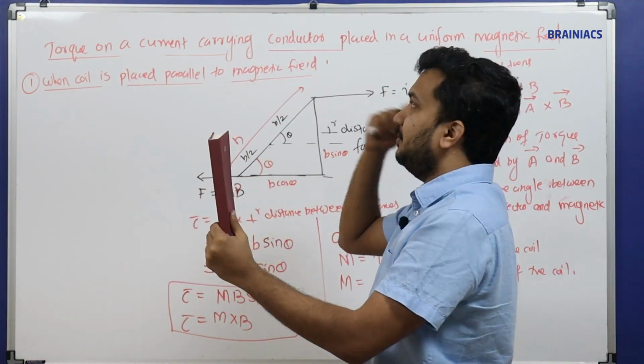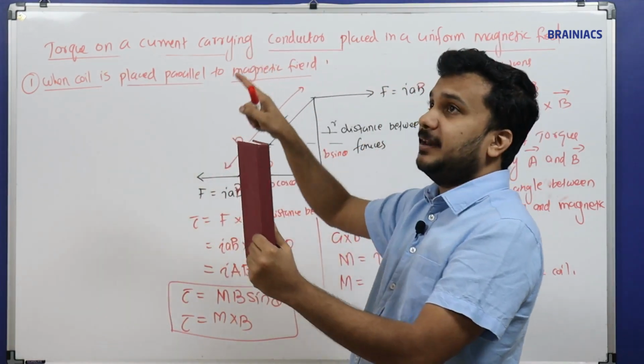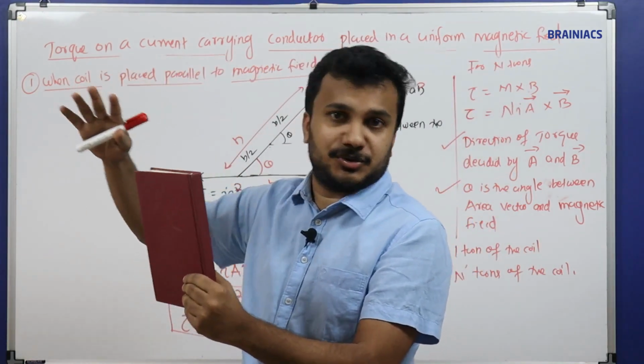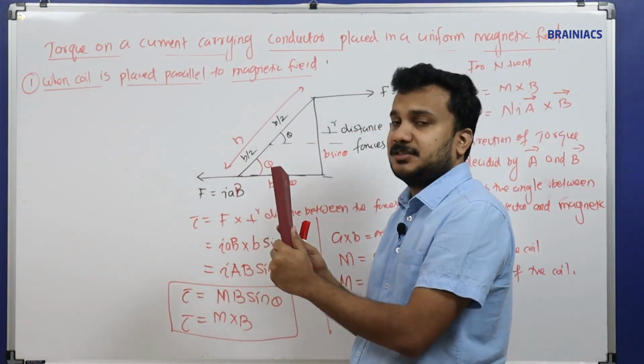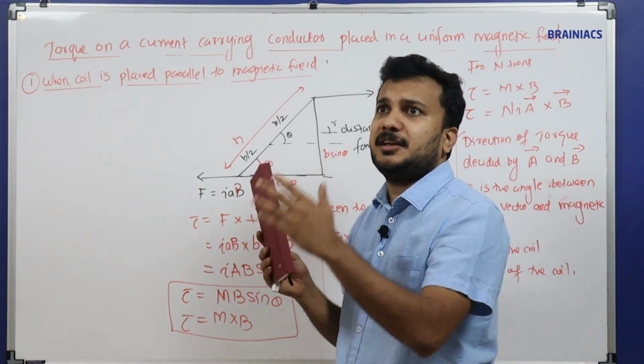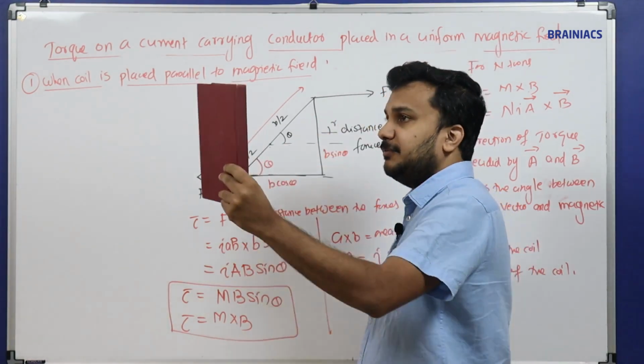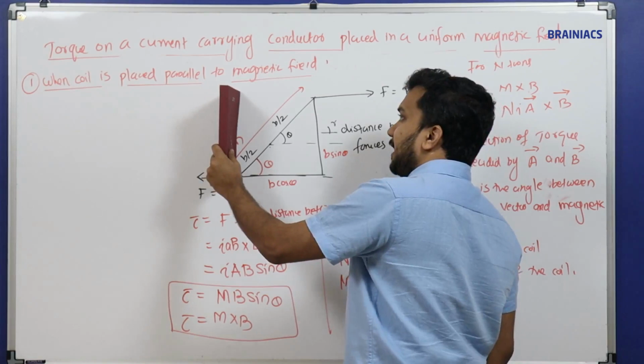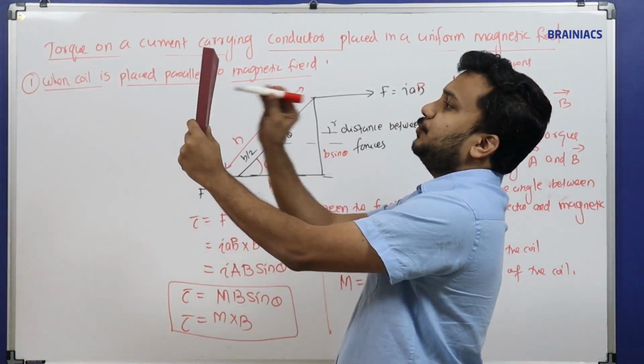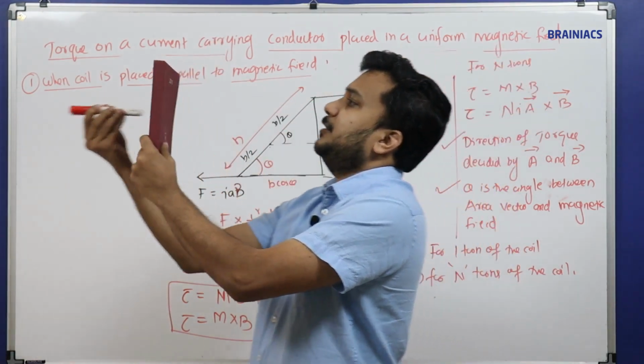So the angle between, when the coil is placed parallel, theta should not be taken as 0. That is a misunderstanding that will be there when you see parallel, theta equal to 0. No, it's not like that. Whenever the coil is placed parallel to the magnetic field, area vector is perpendicular to the surface.